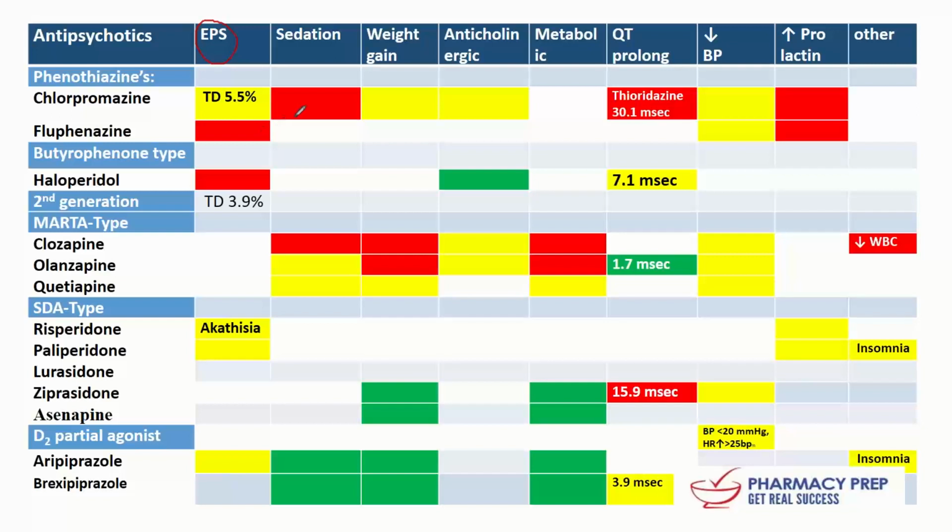One is red, and the red color refers to the most or high side effects, or it is preferably not recommended to use in some cases for those particular side effects. So the higher is considered as red. Then you have another one, the yellow color. Yellow is a medium side effect. And then the least side effect is green, or no side effects. Green is the preferable drug for those patients who have a higher potential of having those side effects.